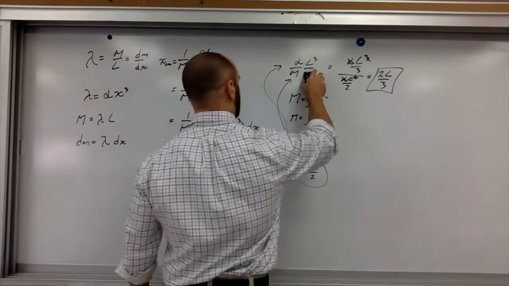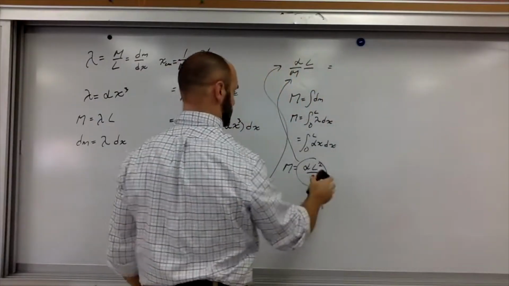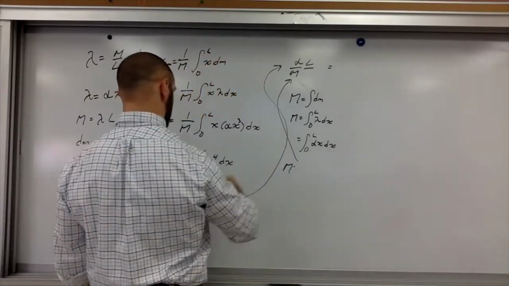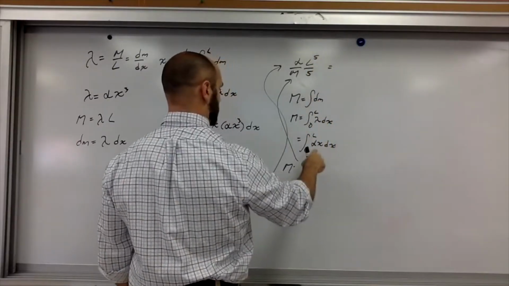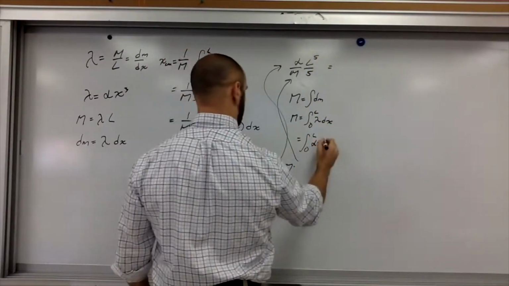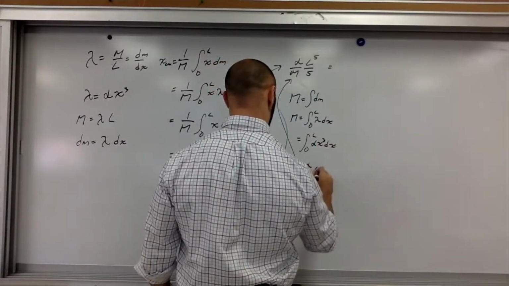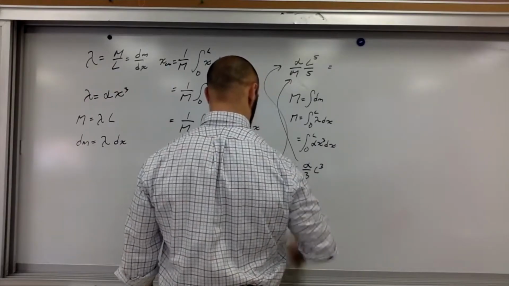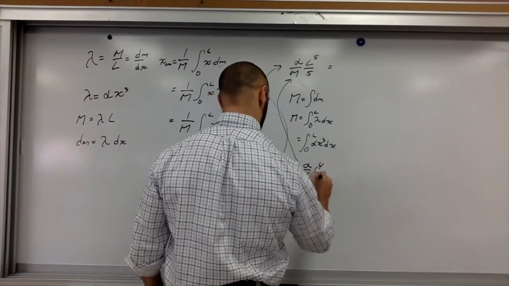Let's redo that. We'll get a new thing down here. So this is going to end up being L to the 5th over 5. When I plug this in, if this is to the 3rd, then I'm going to end up with alpha over 4 L to the 4th.